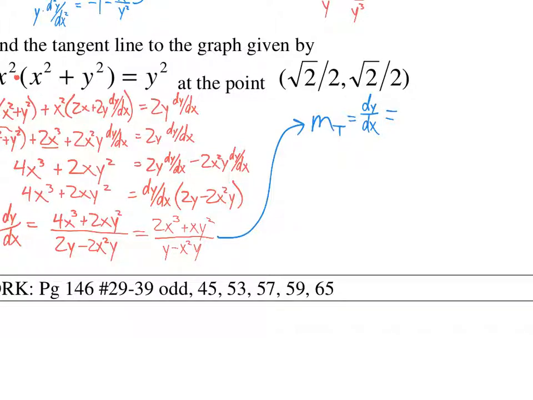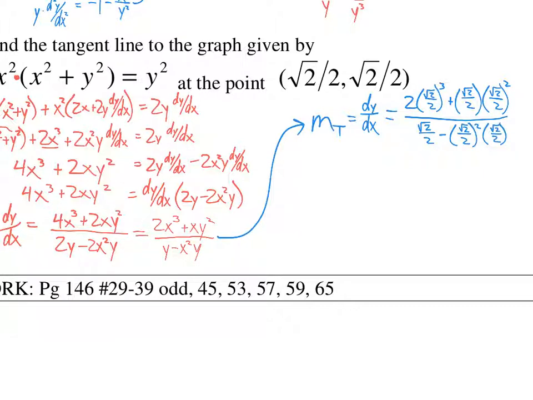So I have a 2 times root 2 over 2 cubed plus x, which is root 2 over 2, times y squared, so that's root 2 over 2 squared, all over y, which is root 2 over 2, minus x squared, x is root 2 over 2, times y, which again is root 2 over 2.